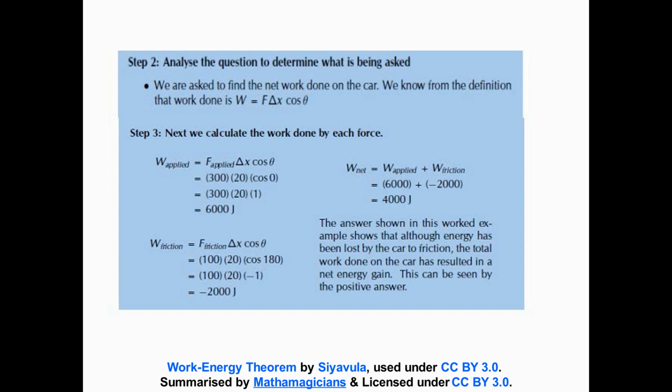Now, the answer shown in this worked example shows that although energy has been lost by the car due to friction, the total work done on the car has resulted in a net energy gain. This can be seen by the positive answer. So the net work was not negative, the net work was positive. Even though friction tried to slow the car down, there's still a positive energy gain in this question.